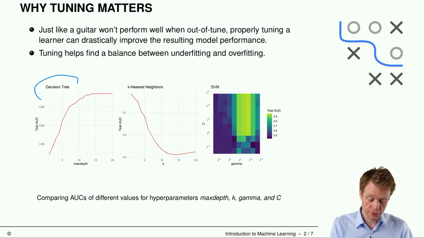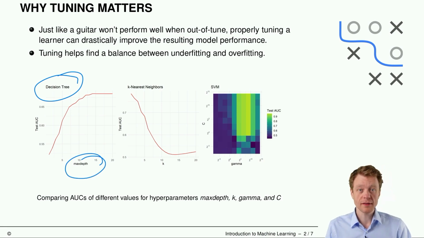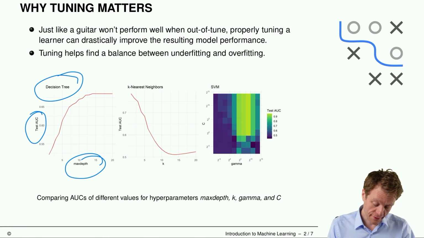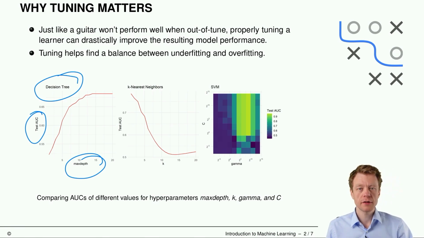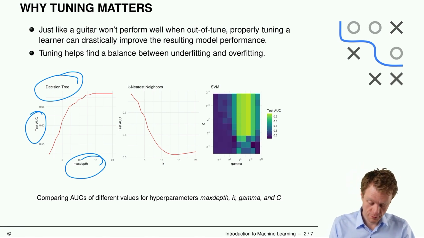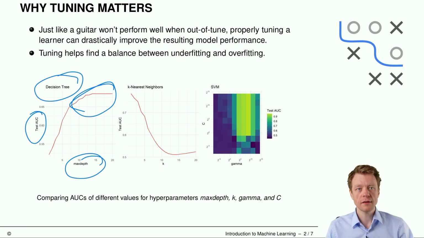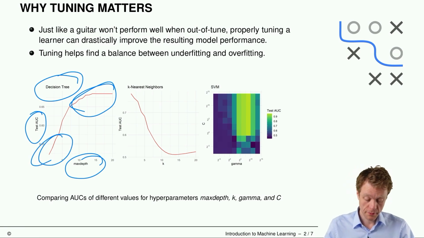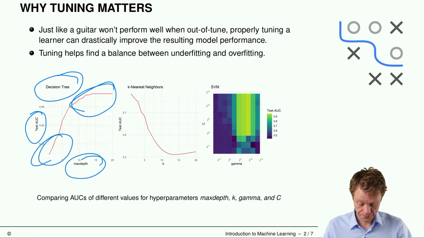For example, the decision tree has the hyperparameter max depth, so how deep you want to grow these trees, or this one tree in that sense. And here on the y-axis we see the test AUC, area under the receiver operating characteristic curve. And it seems that for this data set, it is better to have a higher max depth than a lower max depth, because test AUC is better there.